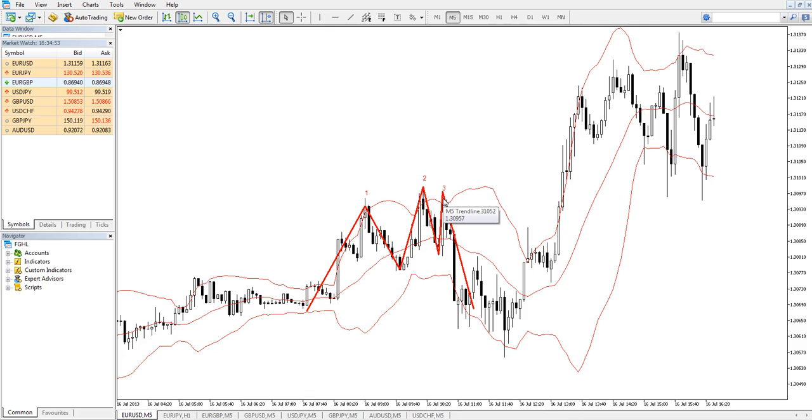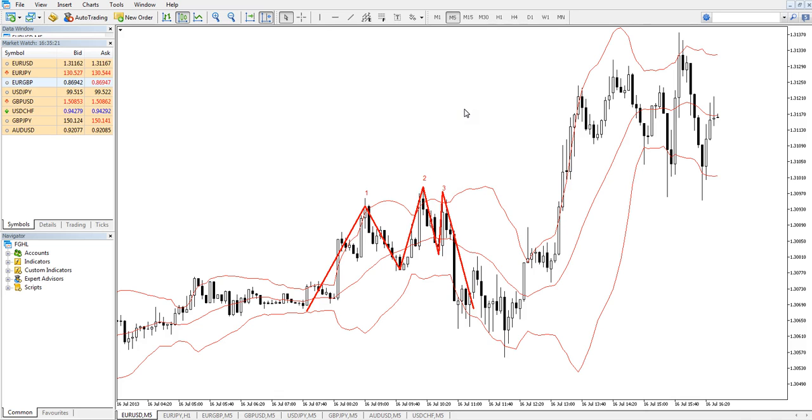Then it goes back up again, and the third peak, which is the second shoulder, is also rejected by the Bollinger Band, and at that point it goes downwards. So these 3 rejections by the Bollinger Band, at the same time as forming a head and shoulders pattern, really tell us that it is very unlikely that the market is going to continue going in an upwards direction. So we start forming this head and shoulders pattern.